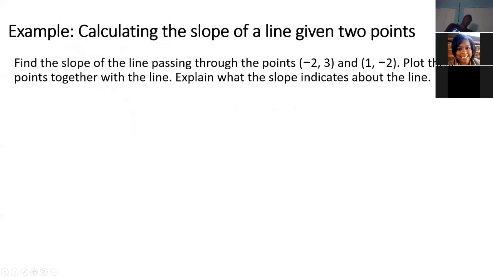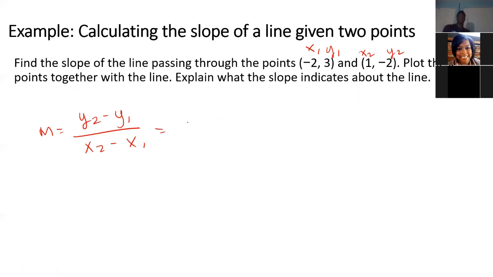So if we're calculating the slope here, and I ask you to find the slope between these 2 points, you should feel pretty comfortable, I assume. I'm going to model one. So we have our x1, our y1, our x2, our y2. And remember, slope equals y2 minus y1 over x2 minus x1.